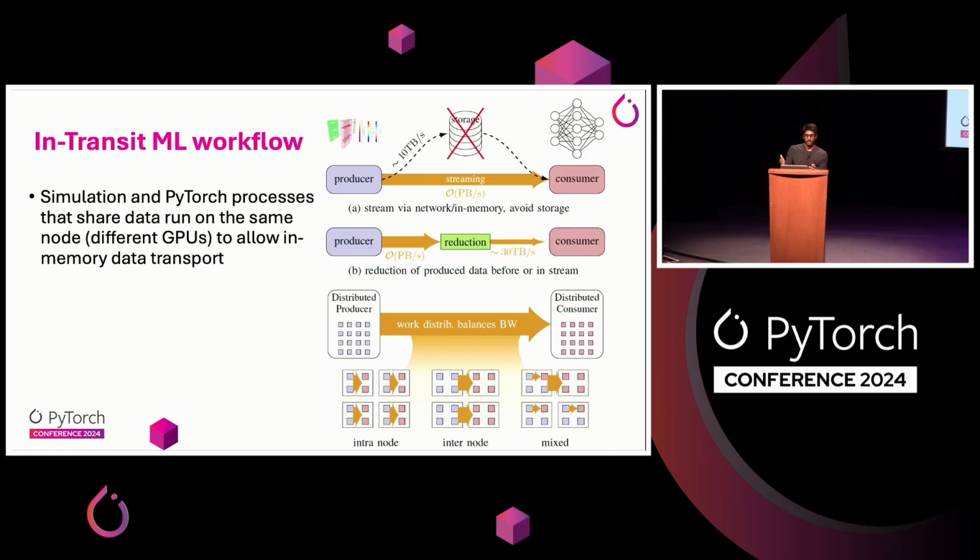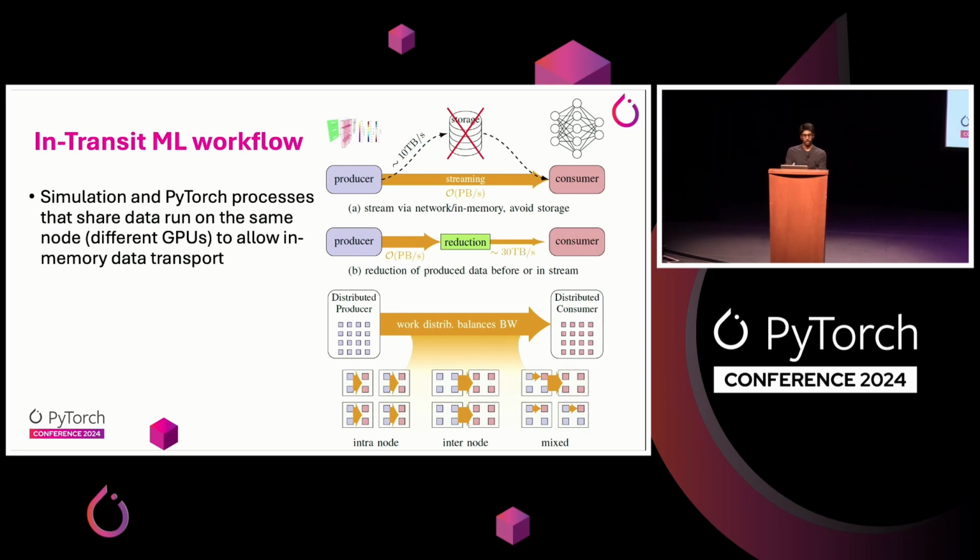So this is why in-transit ML is necessary. To give you an overview of the idea, we use in-transit ML to bypass disk storage, which is a bottleneck for applications like PIConGPU. The simulation produces so much data that we must still do reduction before the ML model can reconstruct the data and learn correlations.